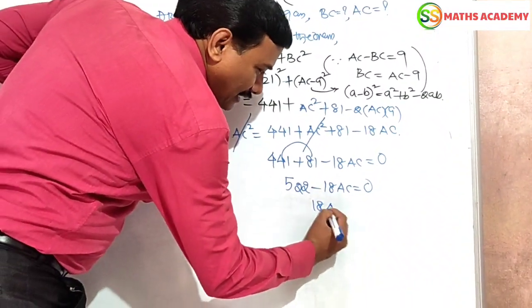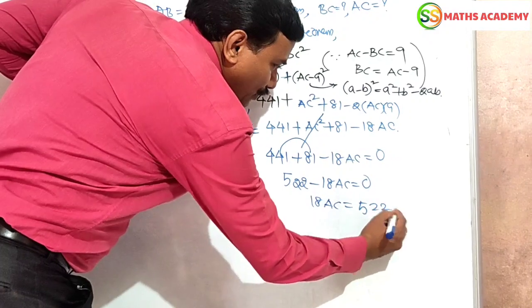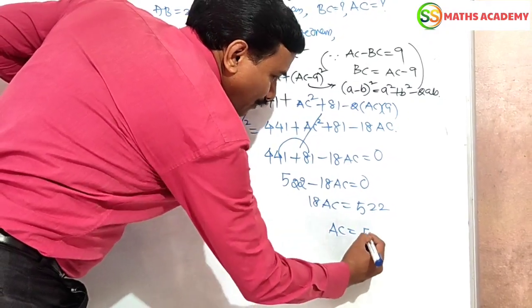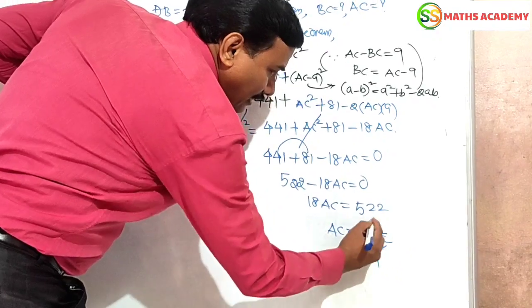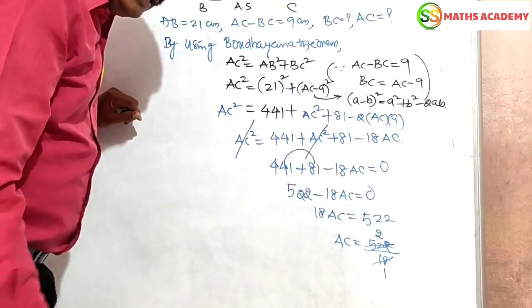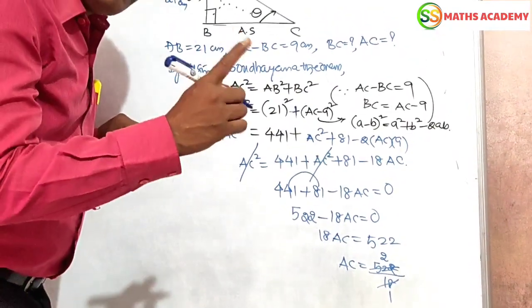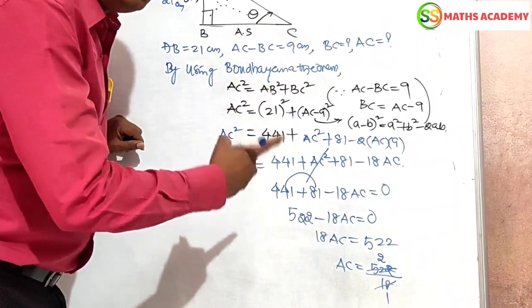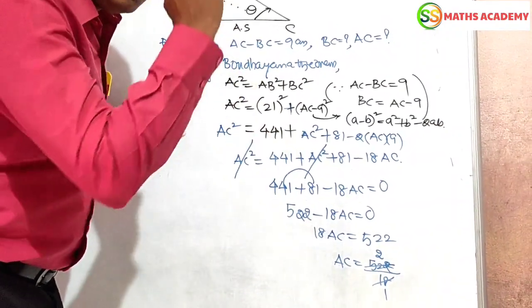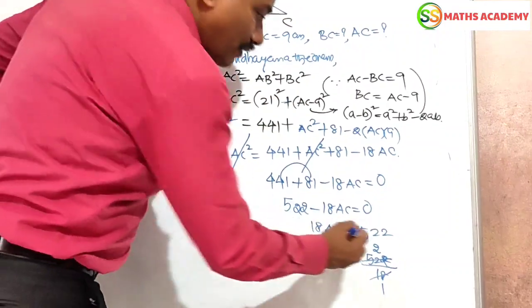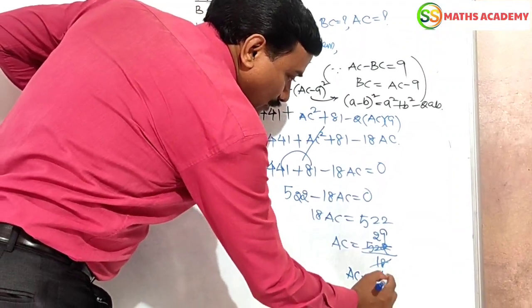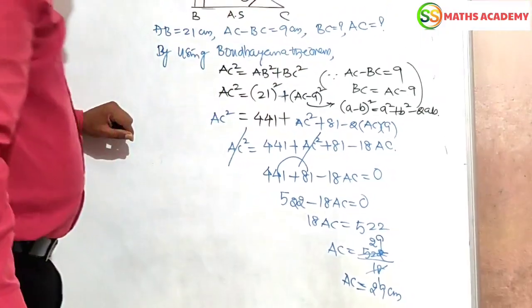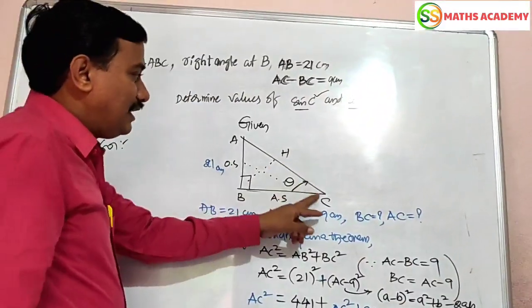Now 18 AC equals 522, so AC equals 522 by 18. 18 ones are 18, 18 twos are 36, remainder 16, bring down 2, it becomes 162. 18 nines are 162. So AC equals 29 centimeters. Okay, we got AC also.